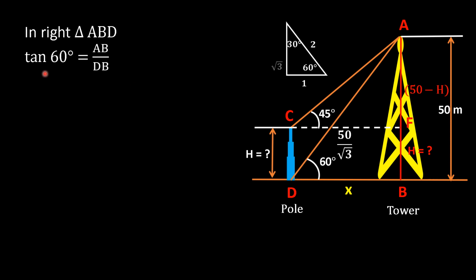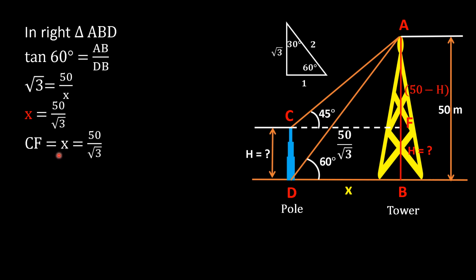But tan 60 is root 3 divided by 1, which is root 3. AB is 50, DB is X. It gives us X equals 50 divided by root 3.